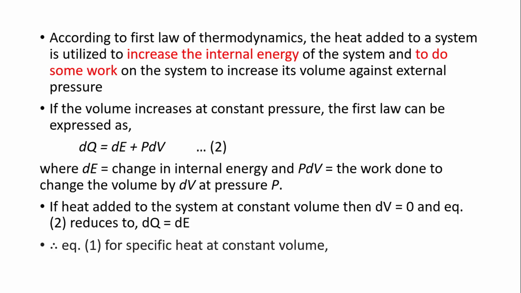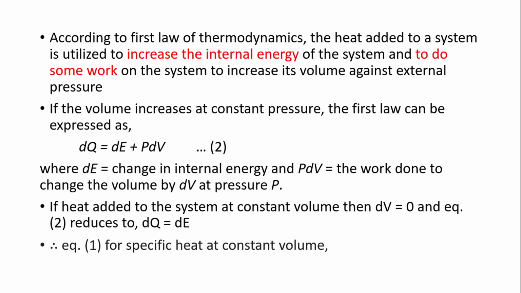In this way, if dQ is the amount of heat added, then it can be expressed as dQ equal to dE plus PdV, where dE is the increase in the internal energy and PdV represents the work done against external pressure P due to the change in volume dV.